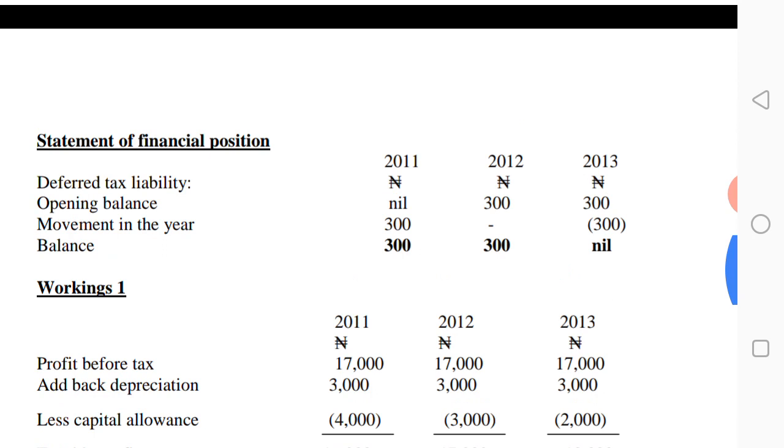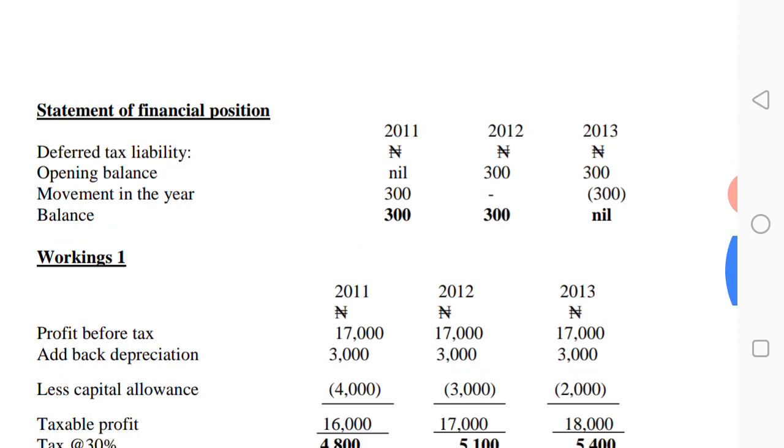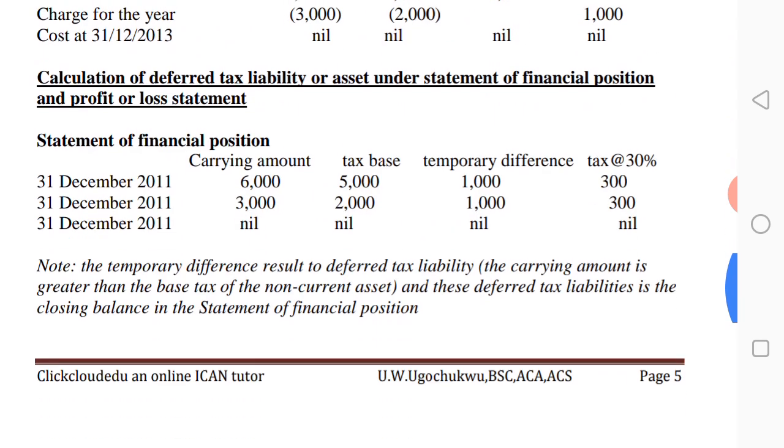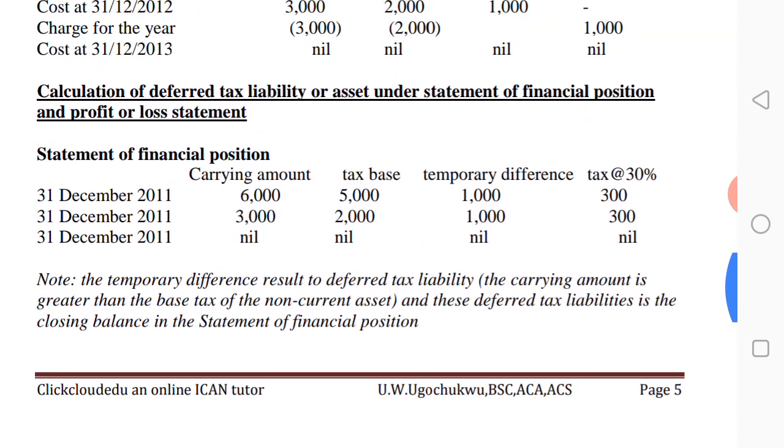So how will it affect our financial position? In our financial position, the trick here is that this deferred tax is our closing balance. As I've said, it's our closing balance. So in 2011 the deferred tax balance, which is a liability, is 300, while in 2012 it is also 300.